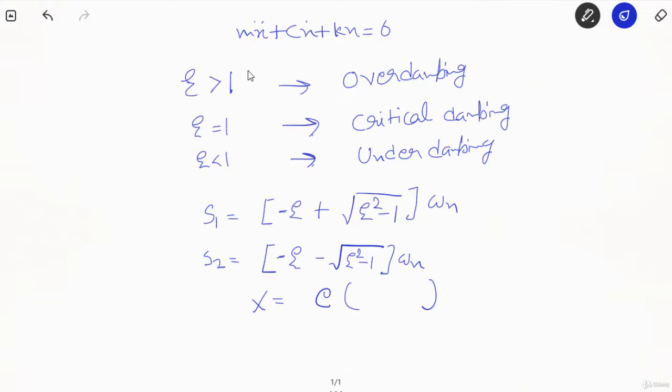So you can see if it comes as an exponential term, the rate of decay is something like e to the power negative xi plus root xi square minus 1 omega n, something of this kind, right? If it is of this kind, if we try to plot a graph for this, initially the amplitude is going to vanish at a very high rate.